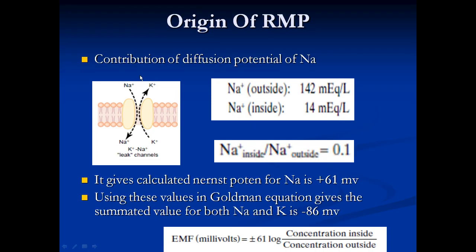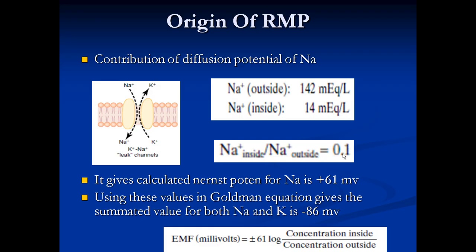The contribution of the diffusion potential for the sodium. Now we know that sodium outside is 142 milliequivalents, sodium inside is 14 milliequivalents. So the inside to outside ratio for the sodium is 0.1.